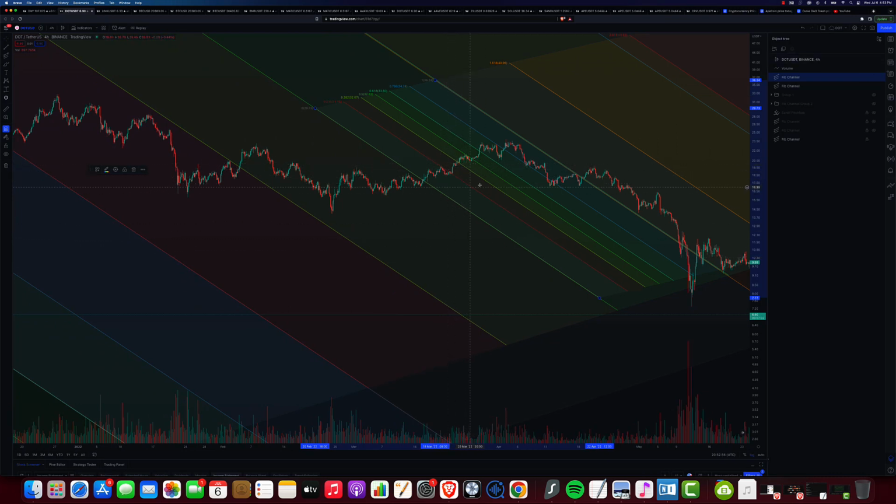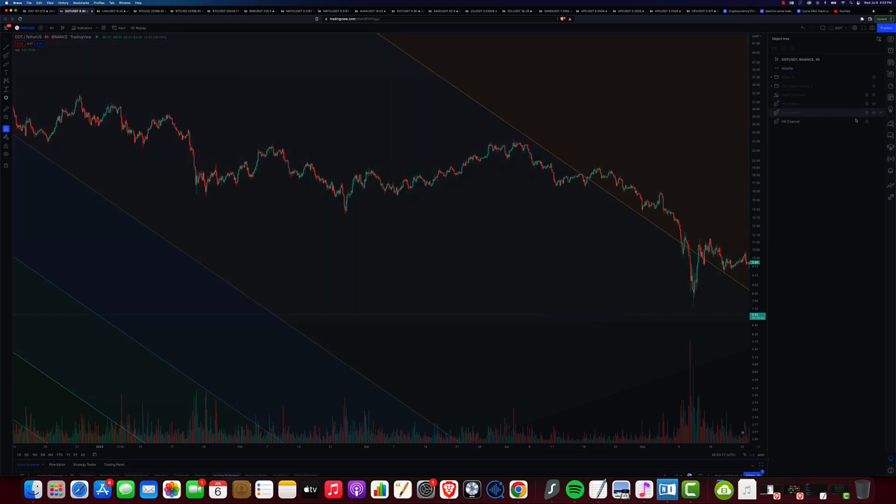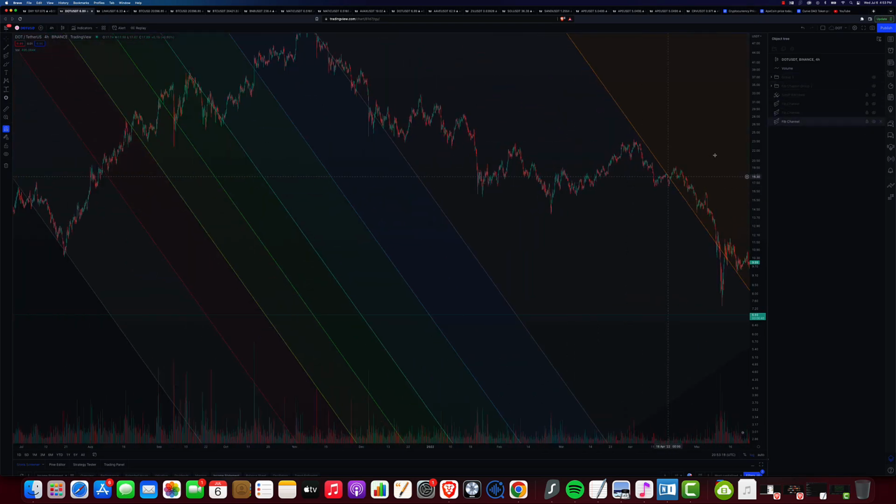Still got confluence going on here. Big support on this line. Goes up to the next line, stops before going through again. All right, so go ahead and delete that one. And delete this one because I already have this drawn again. All right, so let's go ahead and zoom out.